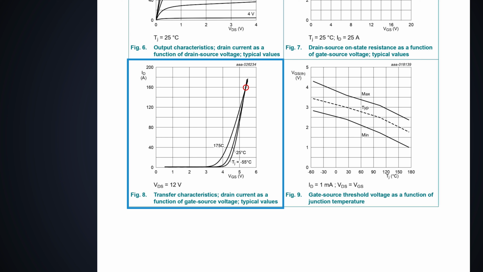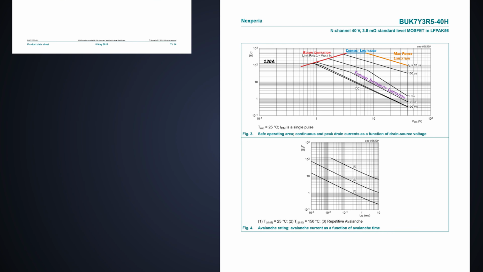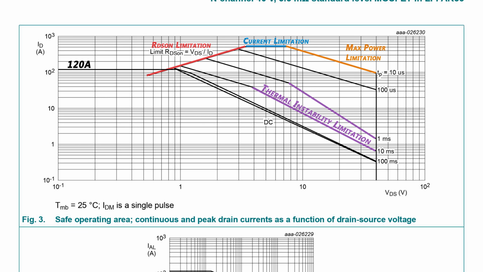Beyond this point, the increase in VGS has no impact on drain current. Well, we studied that a MOSFET is a positive temperature coefficient device, but only before this point. Once this point is passed, the MOSFET acts as a negative temperature coefficient device. You see, when the junction temperature reaches 175 degrees Celsius, even if you provide more and more VGS, the drain current doesn't increase. So, there is a temperature instability in the MOSFET which gives us this limitation.